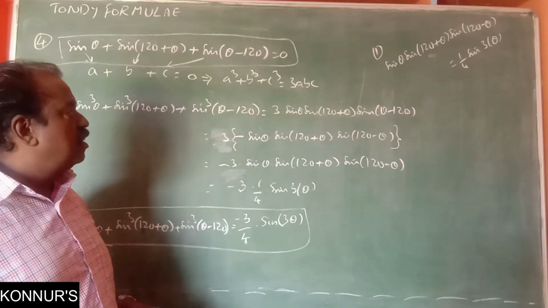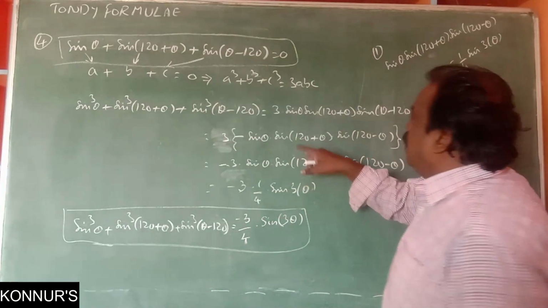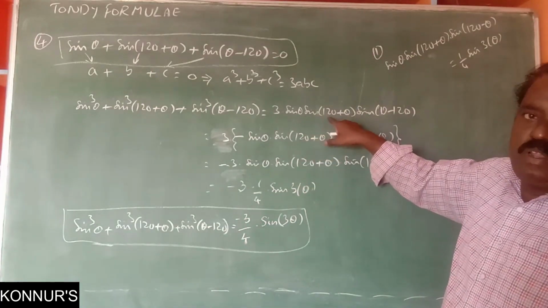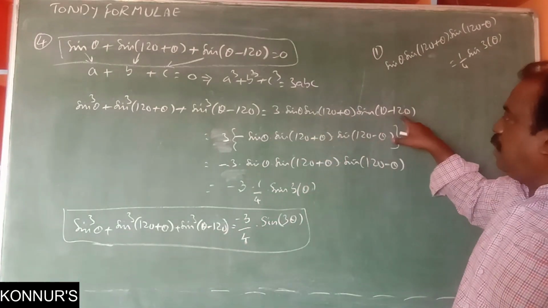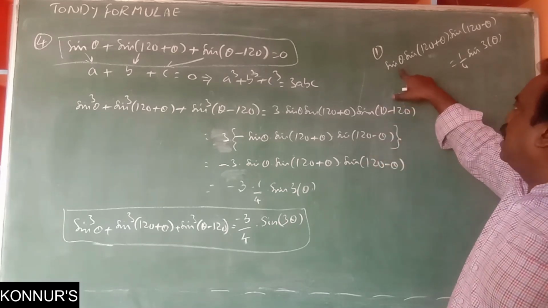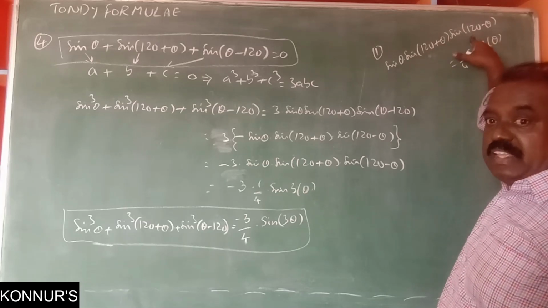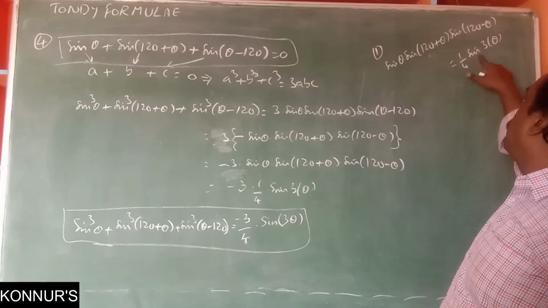What is ABC? Here we get sin theta, sin of 120 plus theta, sin of theta minus 120. In the first formula, sin theta, sin 120 plus theta, sin 120 minus theta is equal to 1 by 4 sin 3 theta.